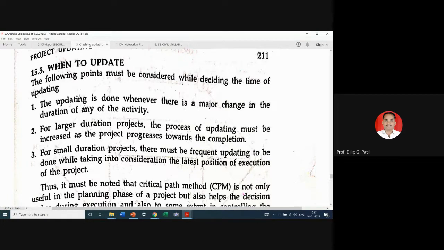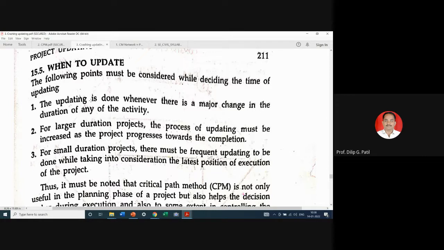So instead of a fixed 5 days or 100 days, or 1 month, in between, if we find that one particular activity has too many changes in its duration due to other factors, a change in the design, or some calamity, that will give you an indicator that this change should be incorporated into our project network, and that will change the overall project progress on a larger scale.